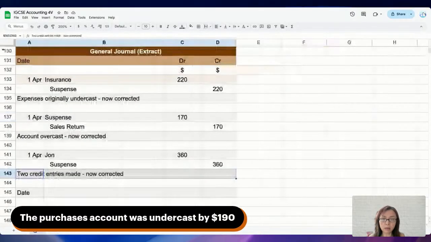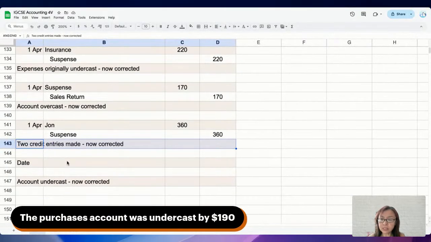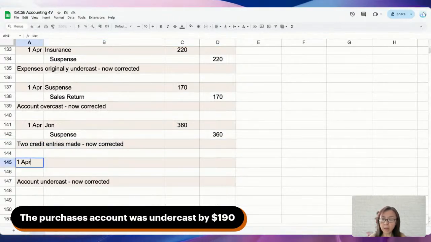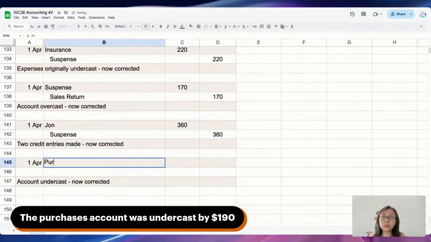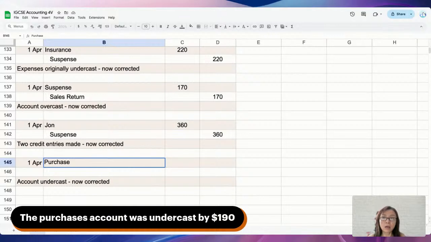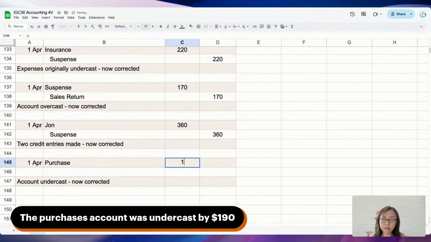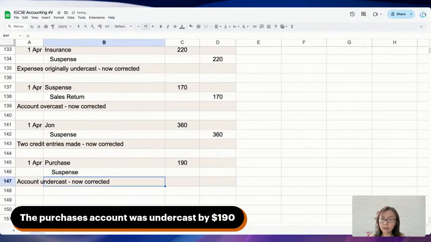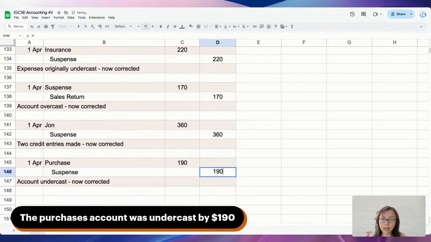So this is quite obvious, right? And then again, 1st of April, and because it's undercast, I need to make it correct, which is I need to increase by another 190. All right, and then this one suspense, and then 190.